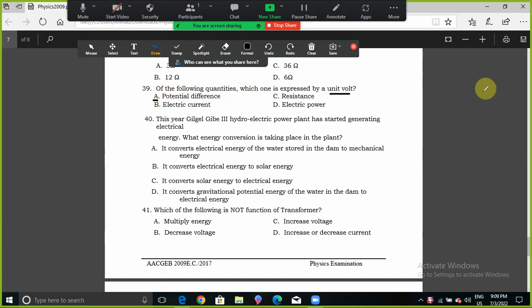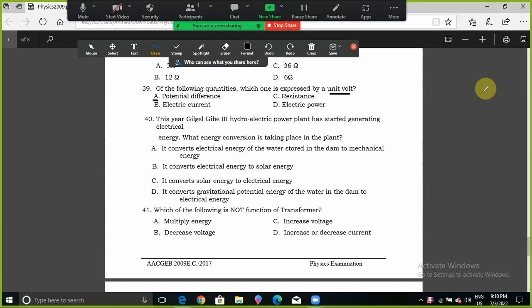Now, question number 40 says this year Gilgal Gaby, third hydroelectric power plant, has started generating electrical energy. What energy conversion is taking place in the plant? First, it converts electrical energy of the water stored in the dam to mechanical energy, or it converts electrical energy to solar energy, or it converts solar energy to electrical energy, or it converts gravitational potential energy of the water in the dam to electrical energy.